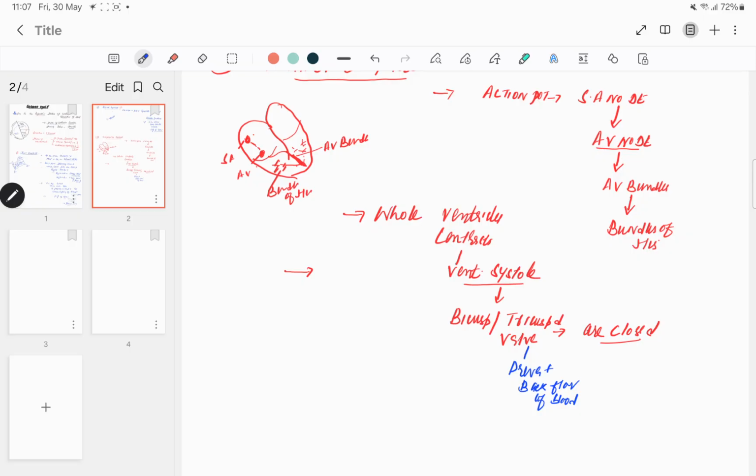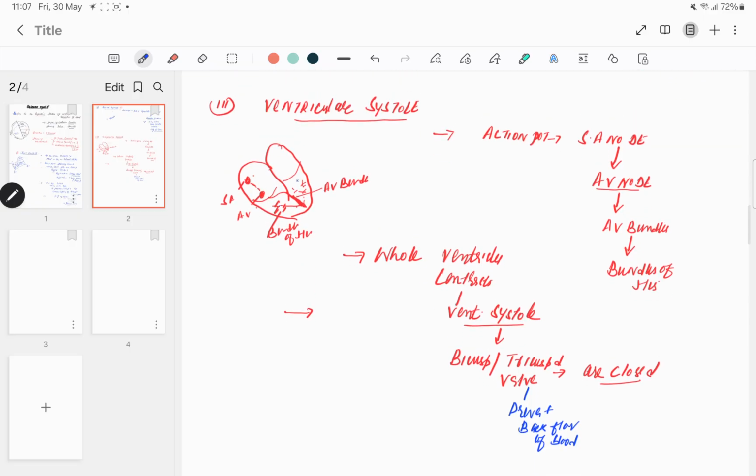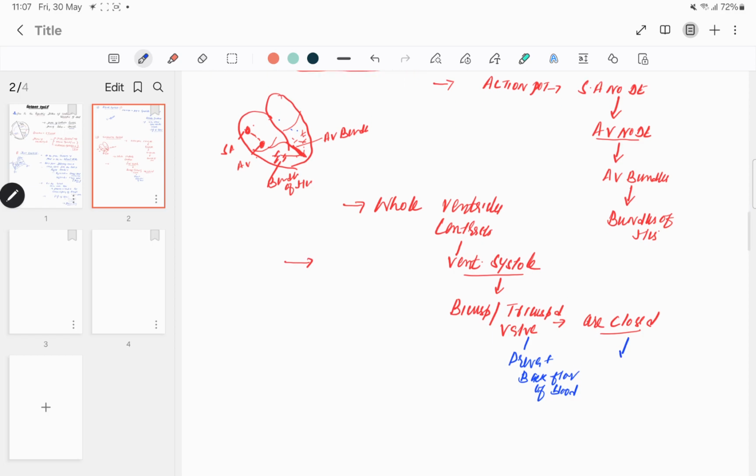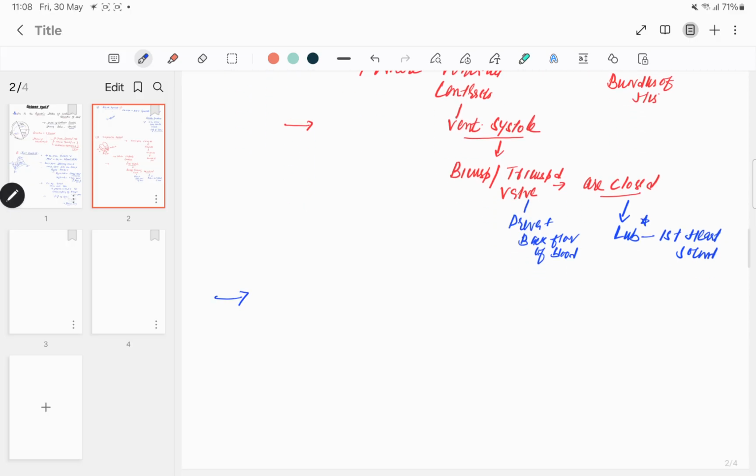Due to this closure, there is a sound commonly known as lub, that is marked by the first heart sound. Remember, this is a very important point. How is the first heart sound created? It is created by the closure of the bicuspid and tricuspid valves.